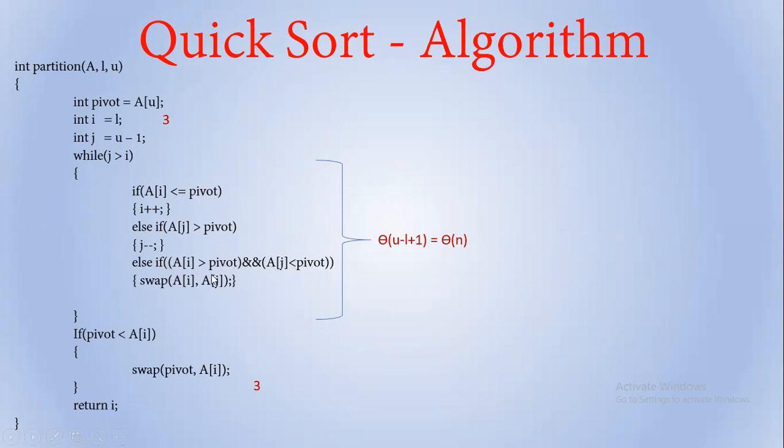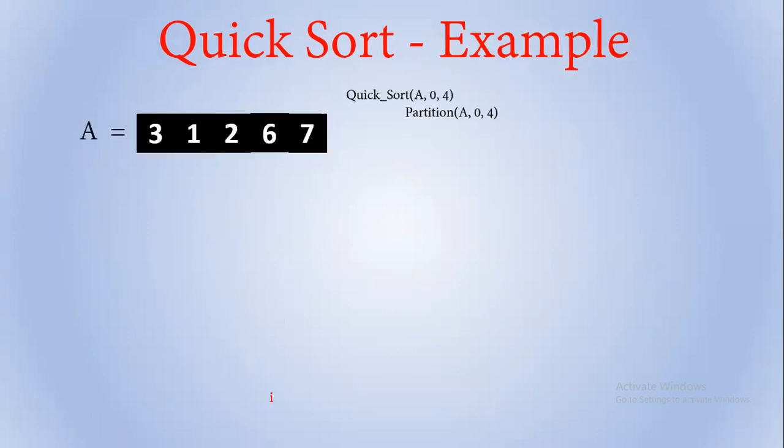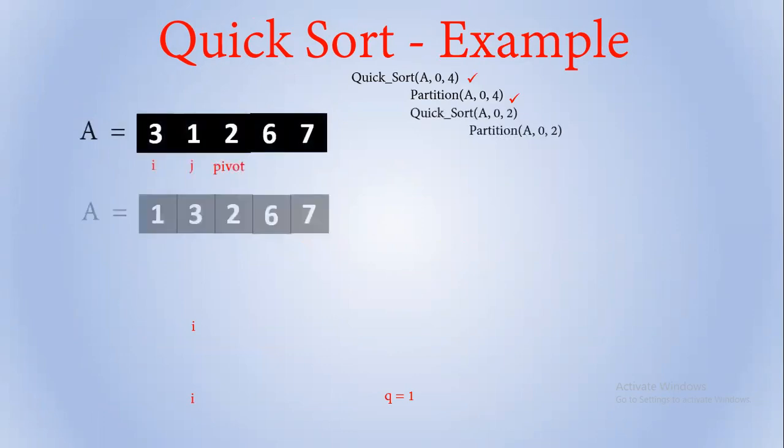So we have to swap A[I] and A[J]. Since A[I] is greater than 2 and A[J] is less than 2, we had to swap A[I] with A[J]. Swapped. Then we have to go again.